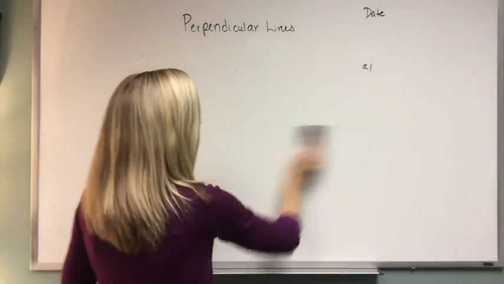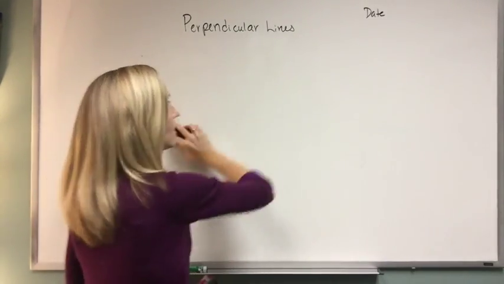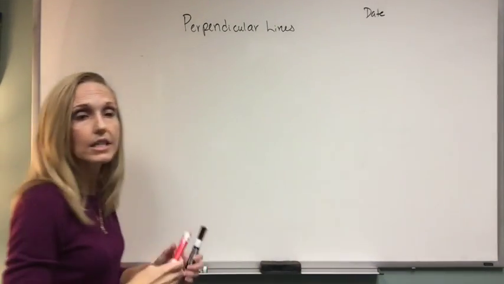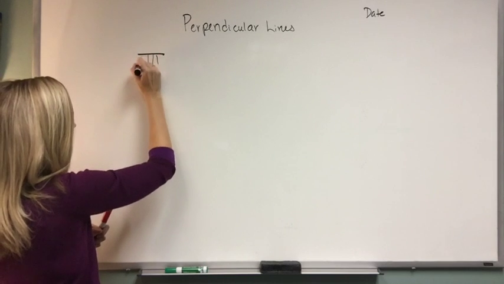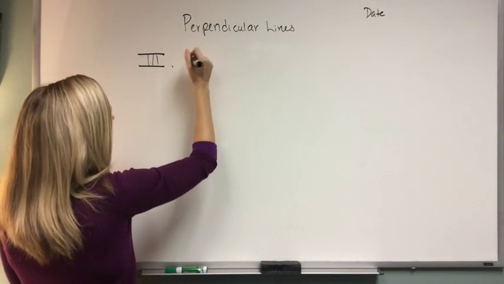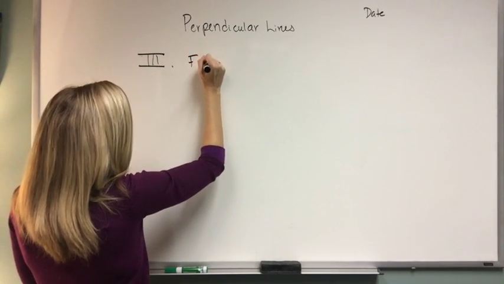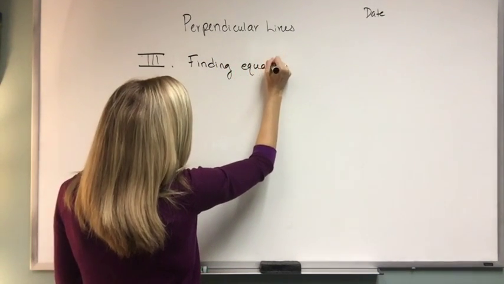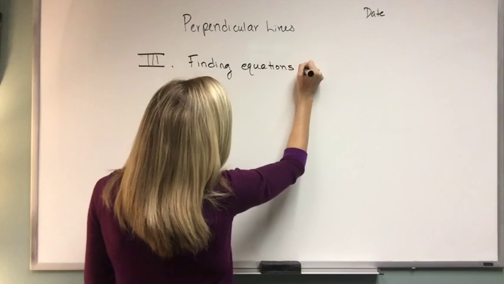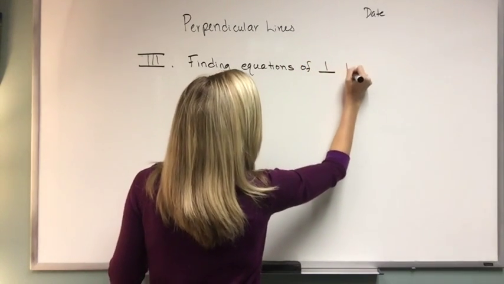So we want to find the equation of a line that's perpendicular and it contains a certain point. And then we'll be done. So, finding equations of perpendicular lines. And again, I'm just going to use the shorthand.